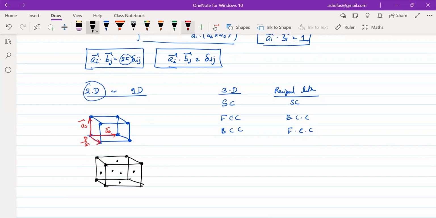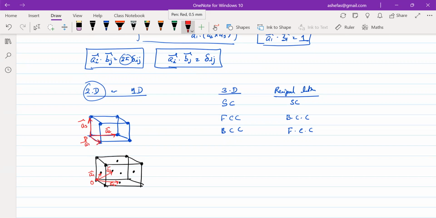In case of face-centered cubic, if you choose this point as your origin, then the three nearest neighbors can be represented as your A1, A2, A3.